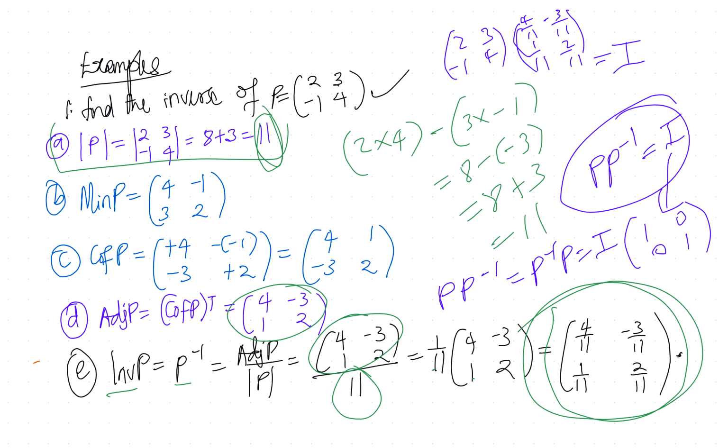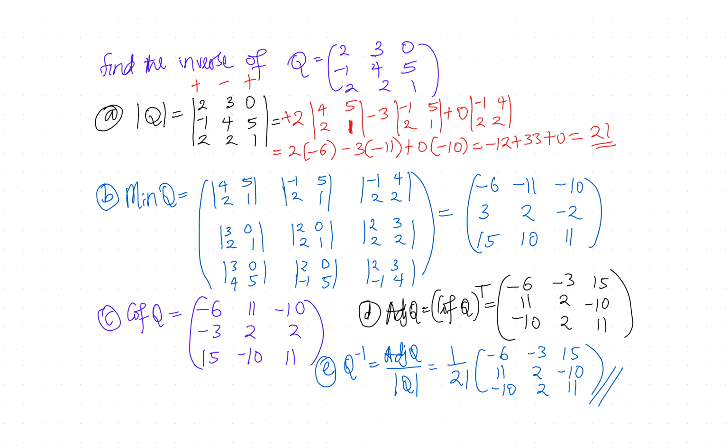Now that that is settled, let's take a more complicated one, not so difficult to comprehend, but it's 3 by 3, so it may take a bit more focus. Now, we want to find the inverse of Q: 2, 3, 0, minus 1, 4, 5, 2, 2, 1.